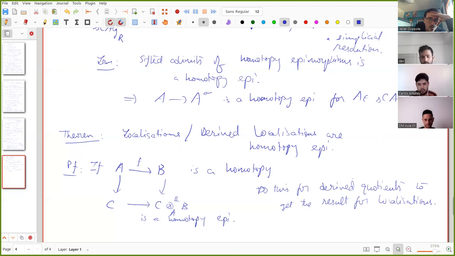Okay, and the point is that localizations are a complicated business outside of algebraic geometry. In algebraic geometry, it's just inverting certain polynomials. But in analytic geometry, there are many different types of localizations. But this general argument gives it for all sorts of localizations.